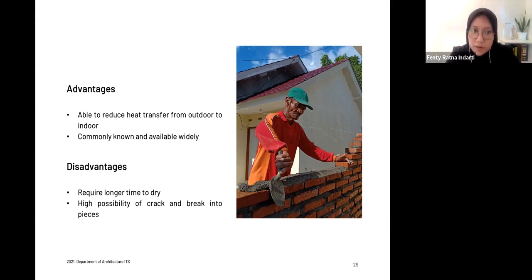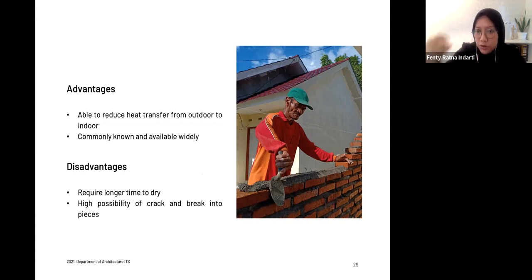But it has disadvantages, such as requiring longer time to dry, because it's made from clay. Even though it's created by a process of combustion, it still has a high amount of water. And usually, if you want to stick this clay brick, before you attach it with the plaster, you have to soak it with water for several hours.